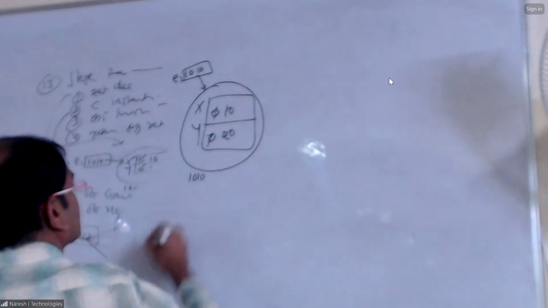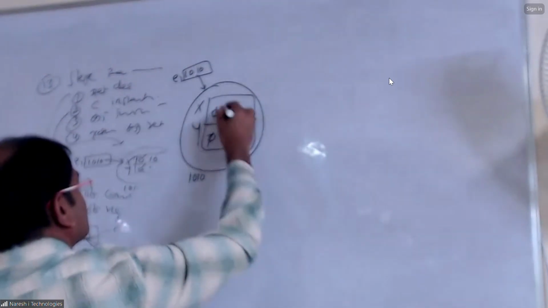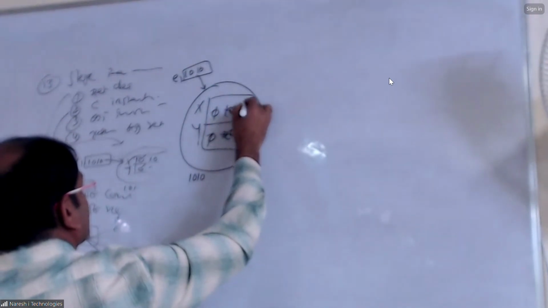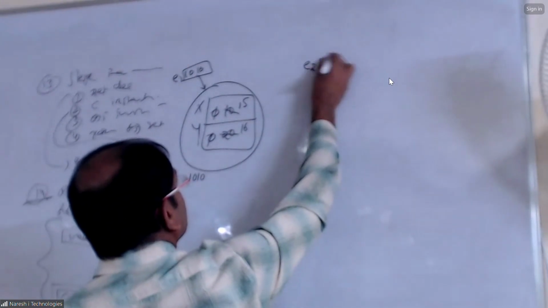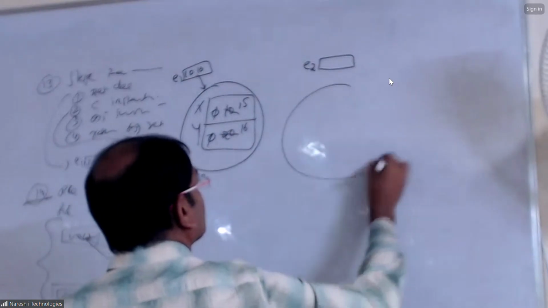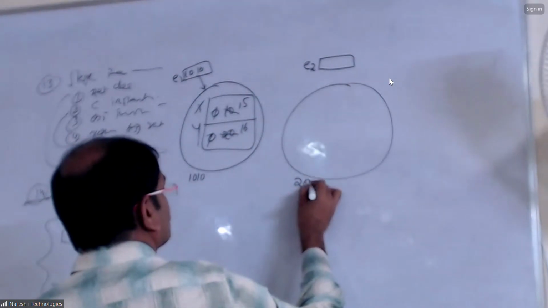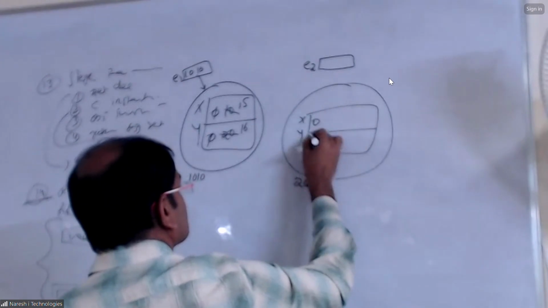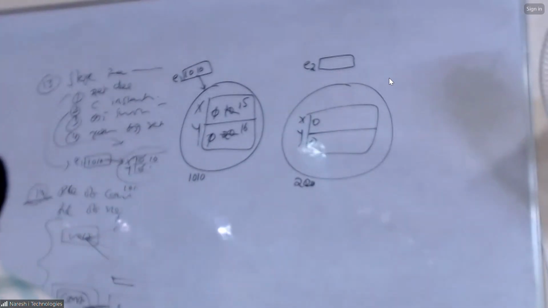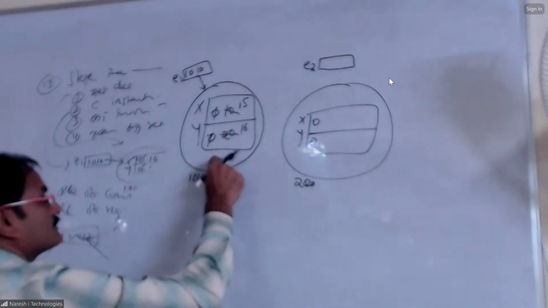I did a lot of changes in this object. Finally, 10, 20 replaced with 15, 16. Now I want to create a new object, with the same x, y variables, but I want a second object with exactly the first object's data.